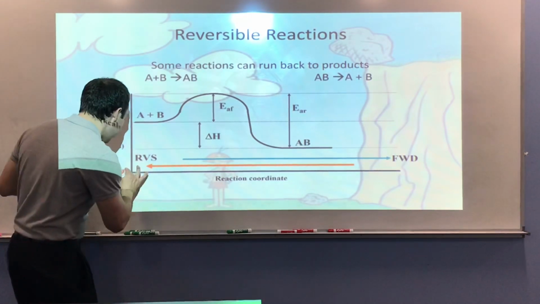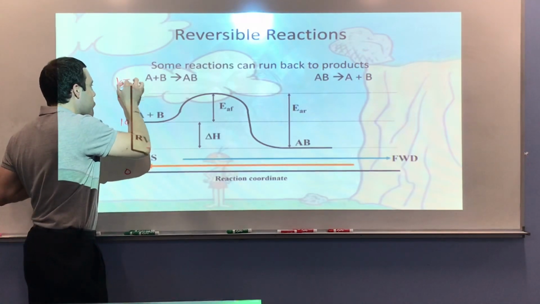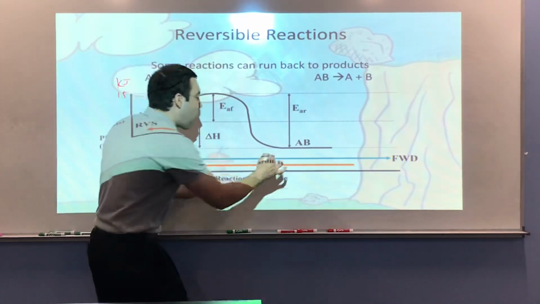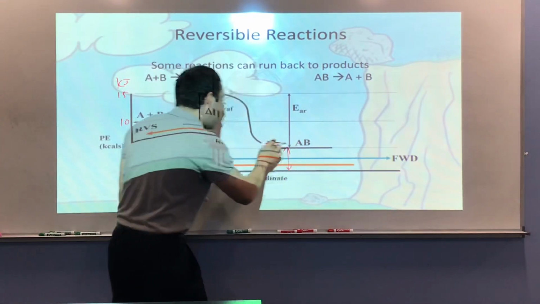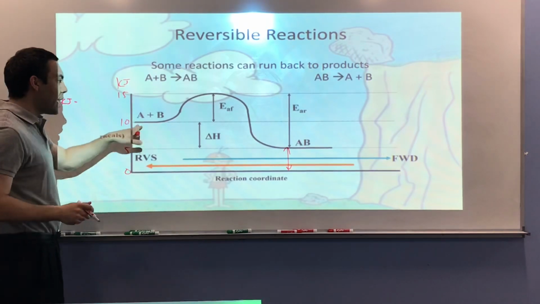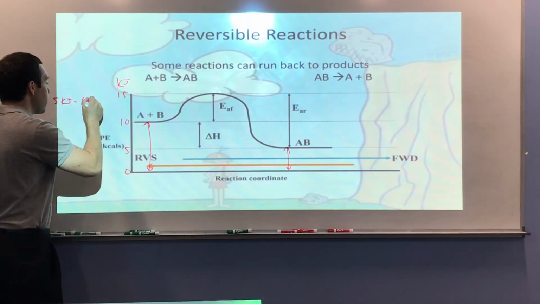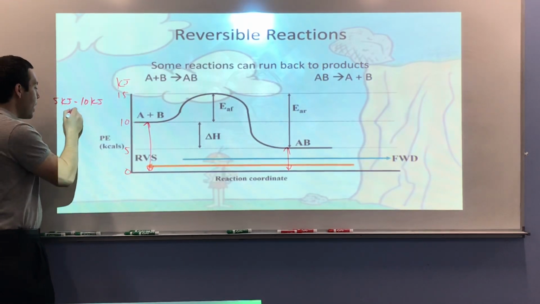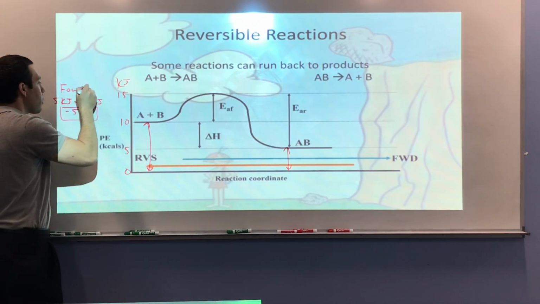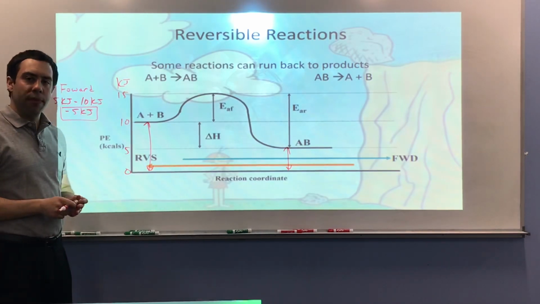If we were to put just random numbers again, 0, 5, 10, 15, all in kilojoules, we do the delta H for the forward reaction, we would do products, which is 5 kilojoules, minus reactants, 10 kilojoules. 5 minus 10 is negative 5 kilojoules. That's our forward reaction. And it's negative, which means it's exothermic, as we said before.